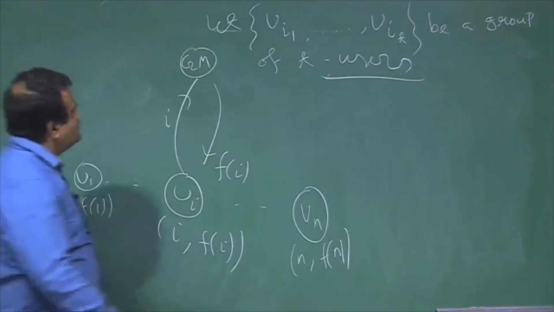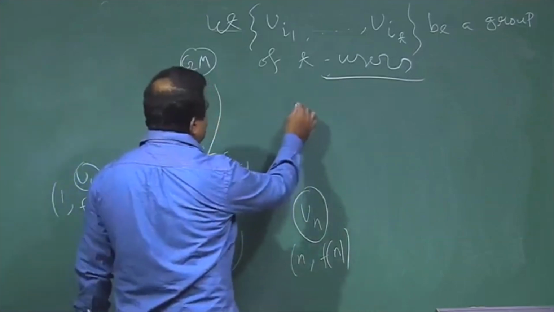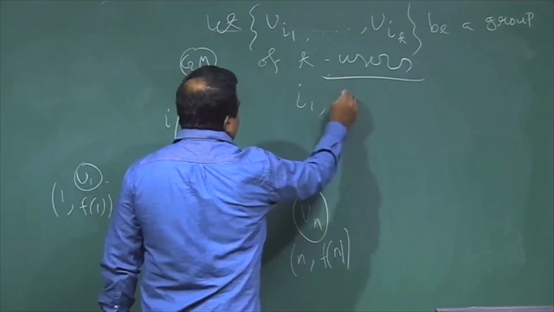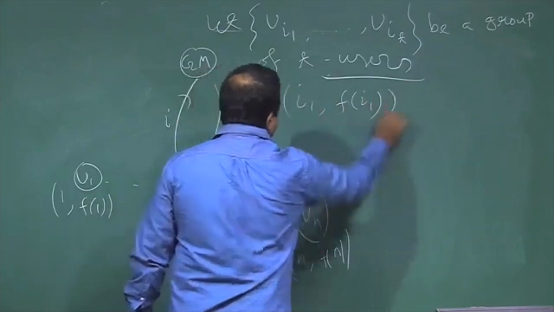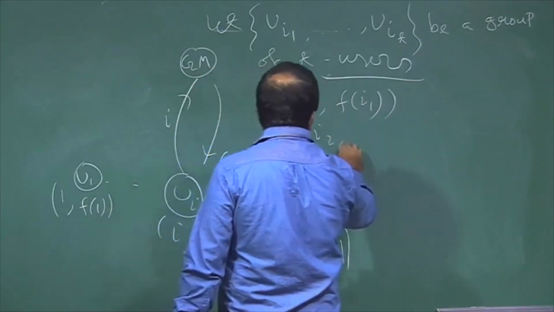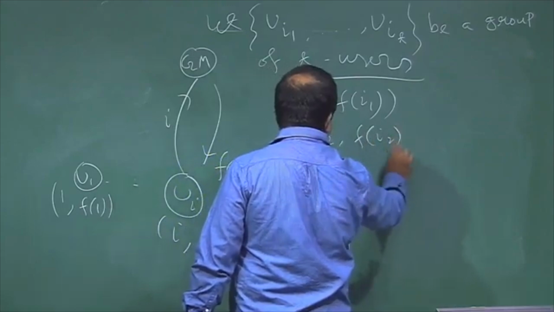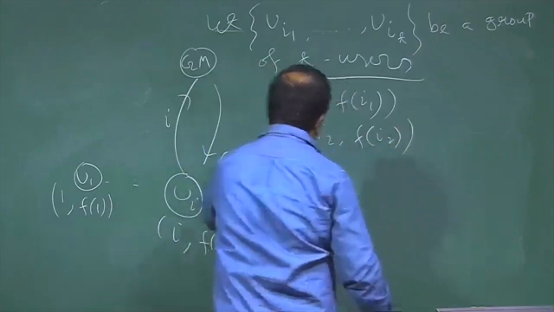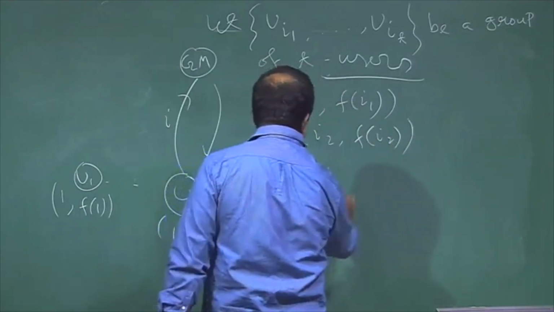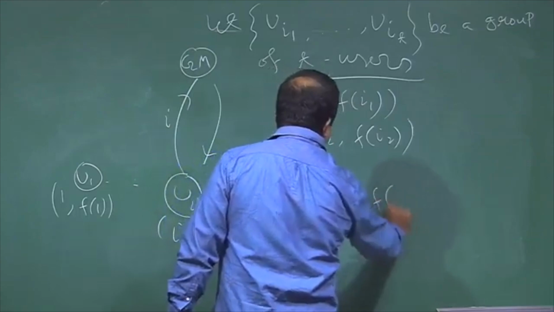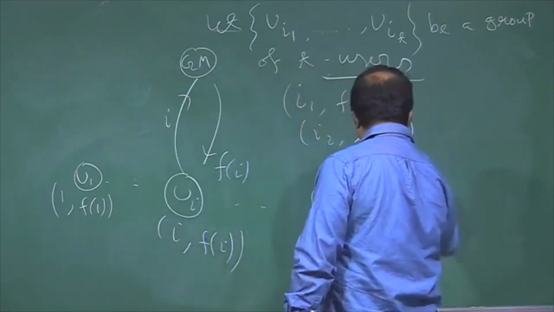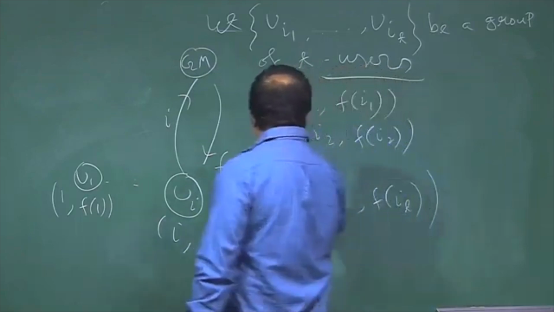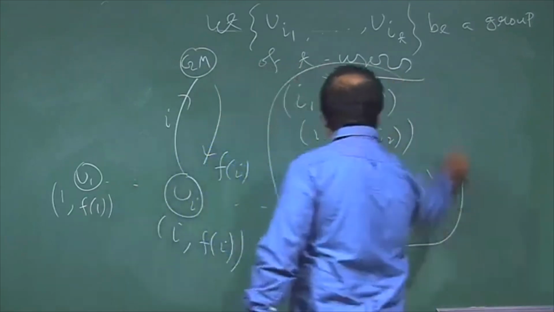This means they know the values f(I1), f(I2), up to f(IT). So, these values are known.